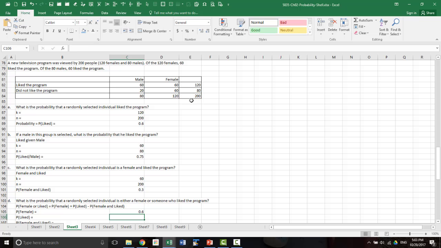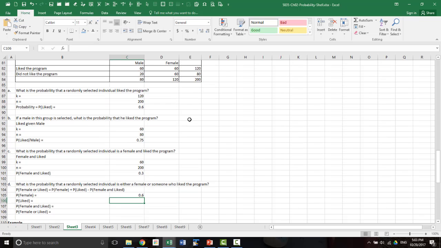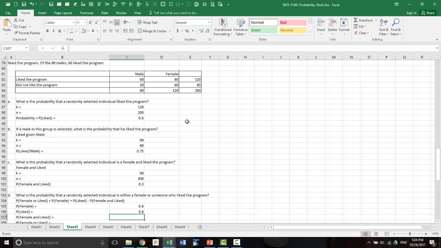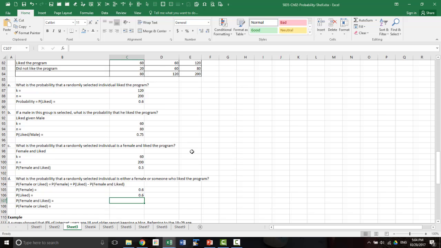Probability of liked is that divided by that. Probability of female and liked we have here. We can even go here and get it, but let's get it from here. So probability of female or liked is probability of female plus probability of liked minus the intersection.